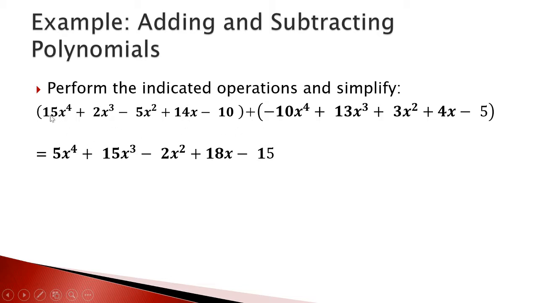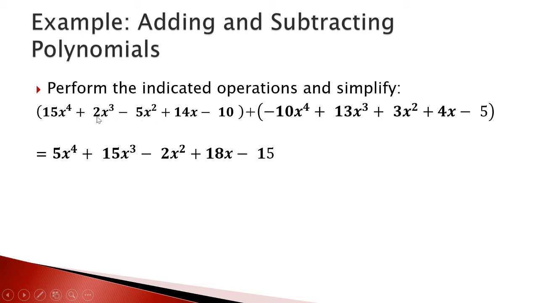So when we simplify 15x to the power 4 and negative 10x to the power 4, it will give 5x to the power 4. And we can also see that 2 times x to the power 3 and 13x to the power 3 are like terms. So again we can simplify these 2 terms together.